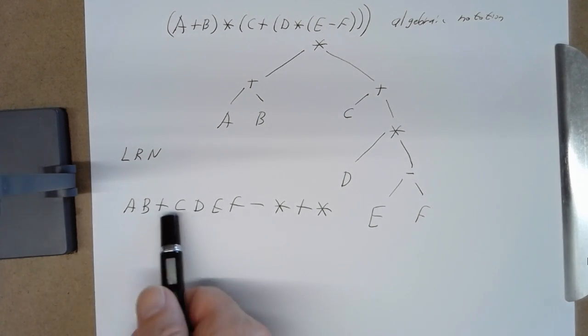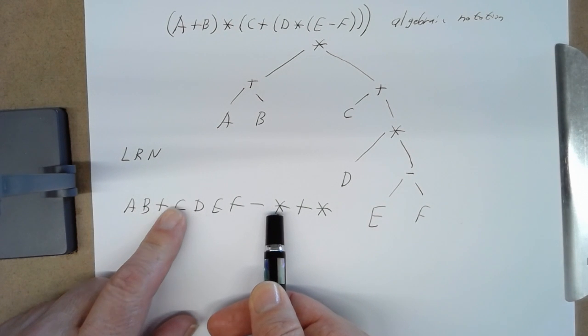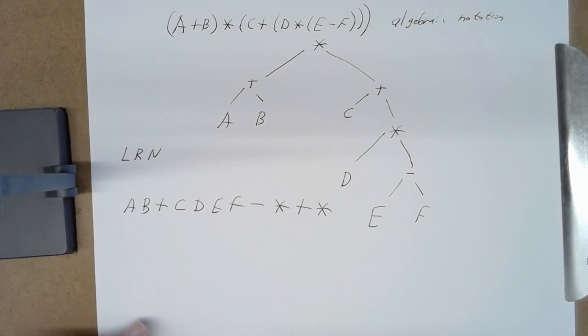So you take A and B and you add them, you take E and F and subtract them, you multiply by D, you add C, and then you multiply by A plus B. So this is one way we can take algebraic expressions, convert them into this reverse Polish notation, postfix, and then we run that through a stack-based calculator, and we can actually evaluate the expression. So that's a handy use for trees and different traversal orders.